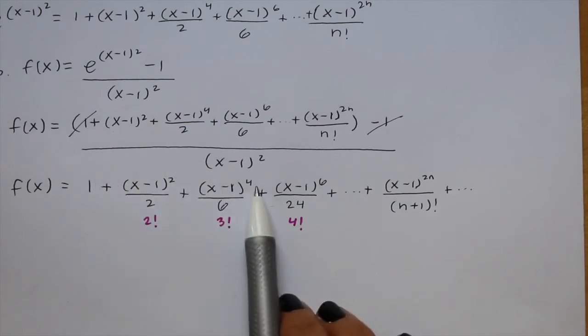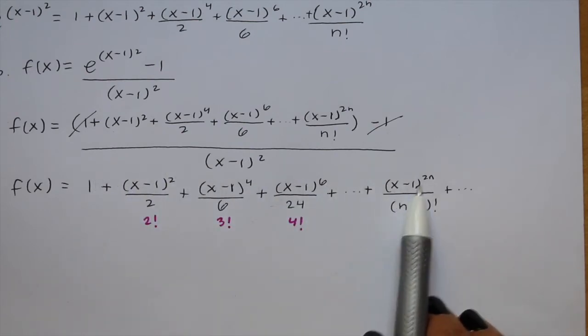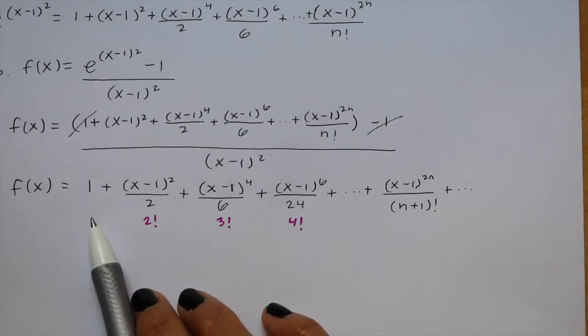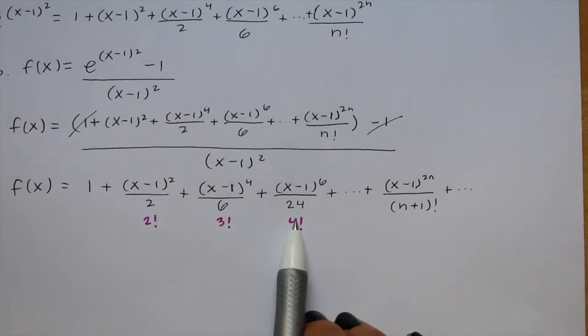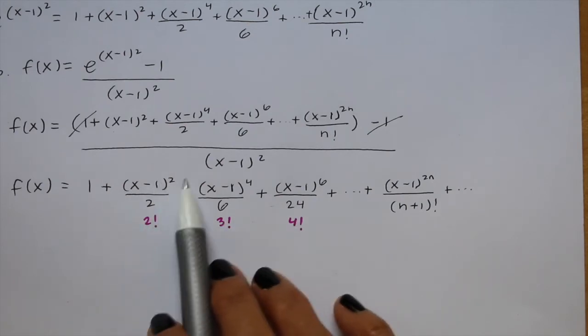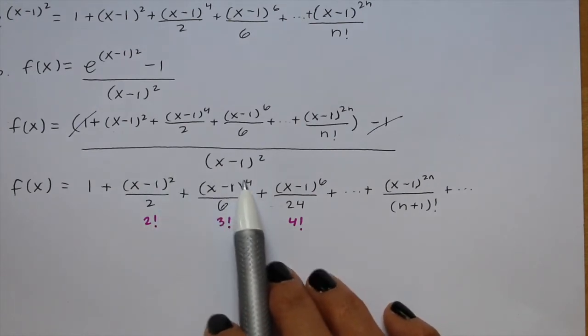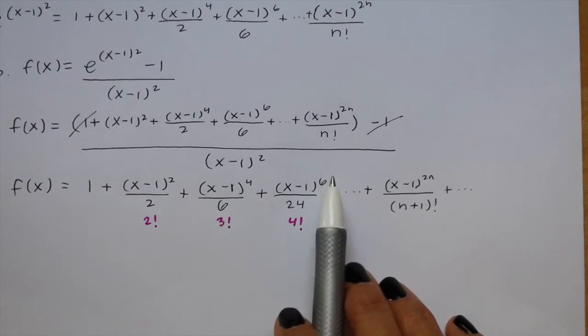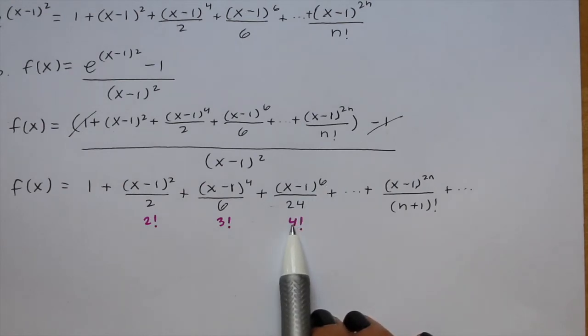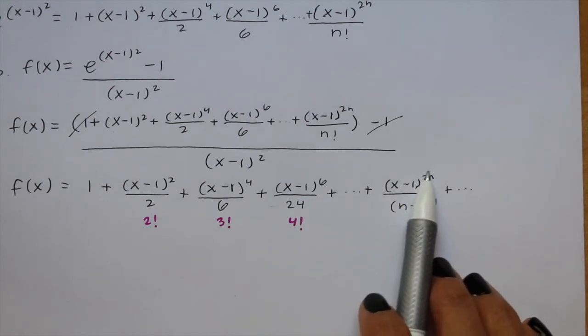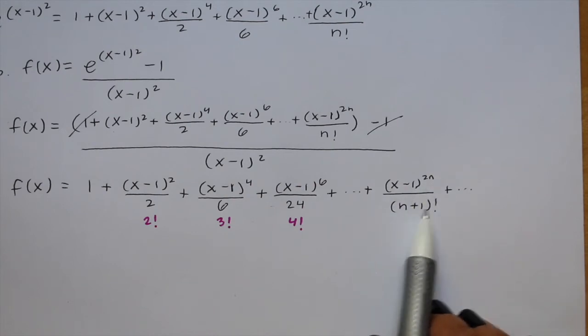All these powers are still evens, so you're still writing x minus 1 to the 2n. In the bottom, you have 1 factorial, 2 factorial, 3 factorial, and 4 factorial. But up here, in the powers, this is 2 times 1, this is 2 times 2, 2 times 3. So the n is 3, but this is 4 factorial. That's why you have n right here, but this is n plus 1 factorial. So here's your expression for f.